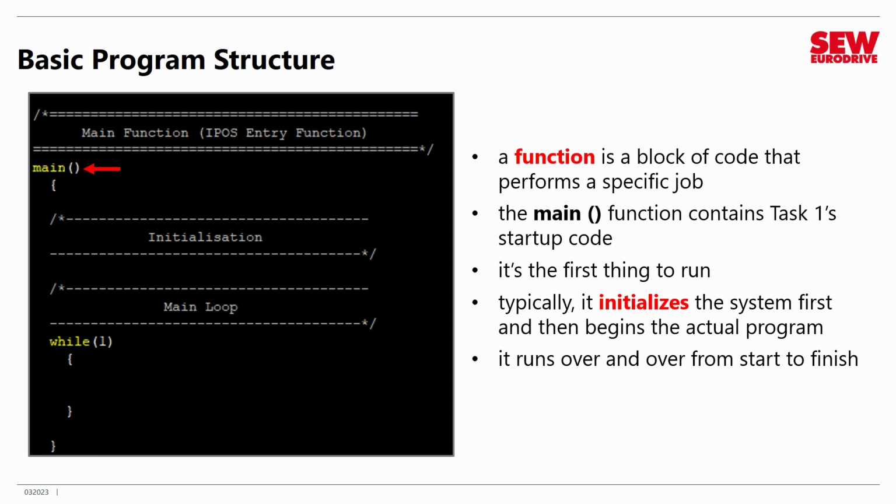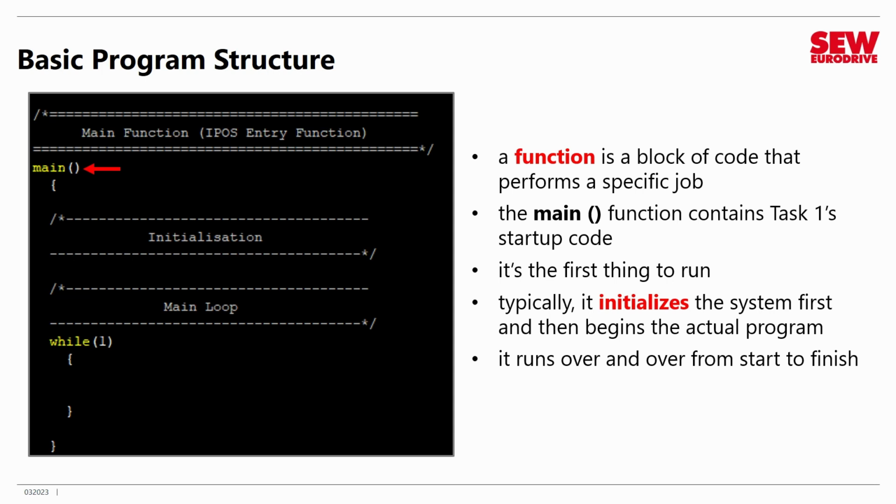Also be aware with main that it runs over and over and over from start to finish. So it runs through all its code, and when it comes to the bottom, it just starts over. Now, if you think about that, that could get you into trouble. Because do you really want to keep reinitializing the system over and over and over? Usually you don't. You initialize it once, and then you do a lot of motion control over and over and over.